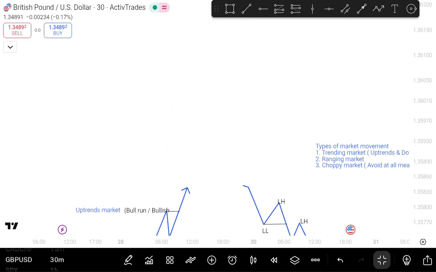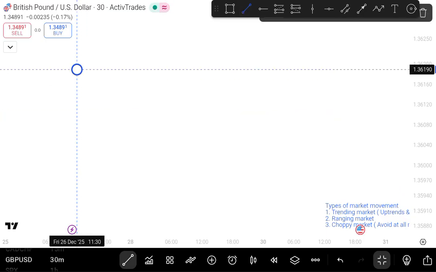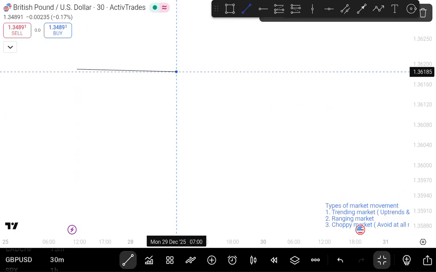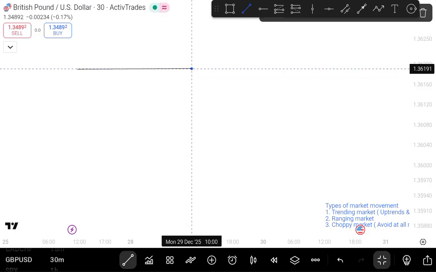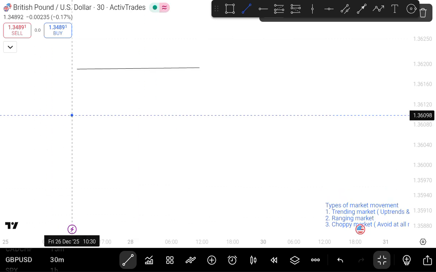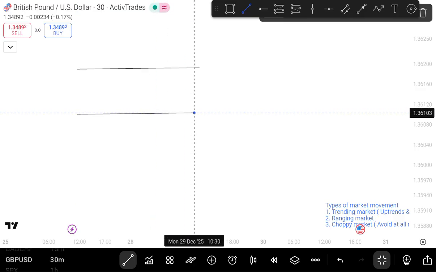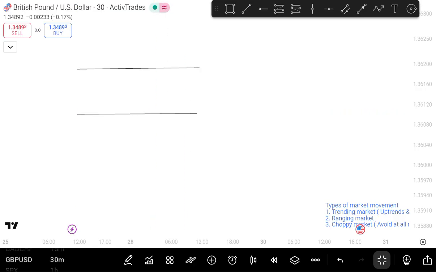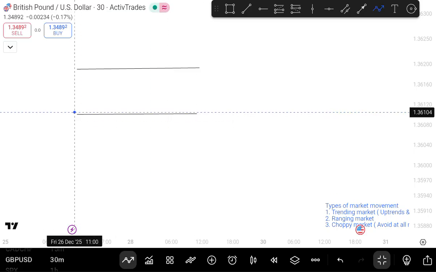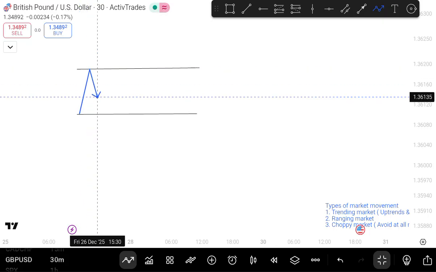Now let's talk about the ranging market. The ranging market is going to have what we call the range. It's going to have the upper range, and it's also going to have the lower range. When you see a market moving in this way, it's going to be bouncing on those ranges.